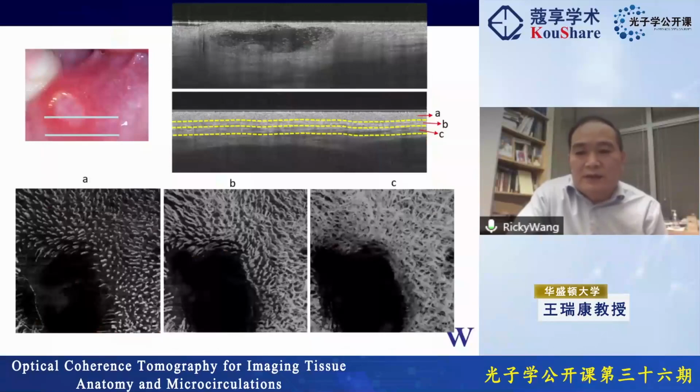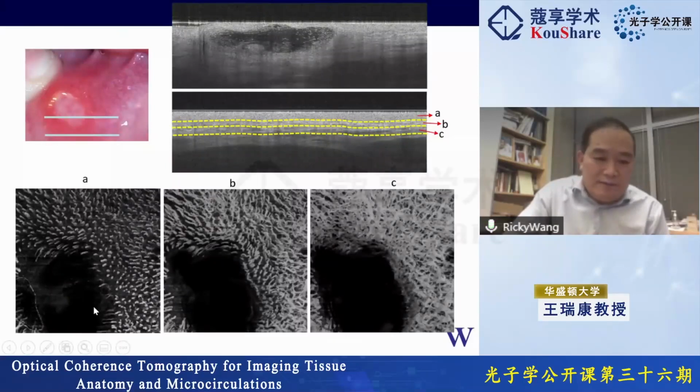And because it's 3D, you can use segmentation to look at the different layers. You can look at the papillary layer, which is over this layer here. By the way, this is the structural OCT image, and the structural OCT image helps you do the segmentation at different layers. This is the papillary layer.